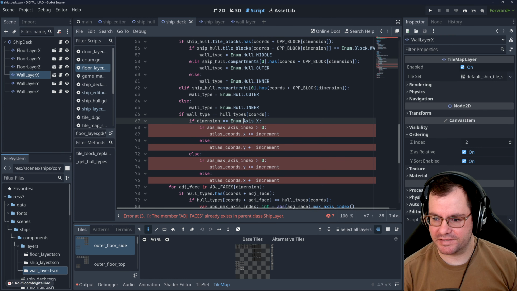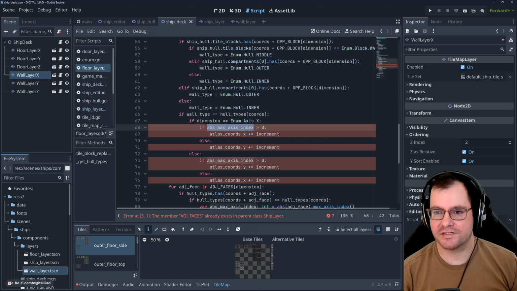Dimension is enum.x-axis, so if we're the x-axis face, we flip everything. So if absolute max, we don't have absolute max axis index. We just have, and all that's saying is are we Y or Z?